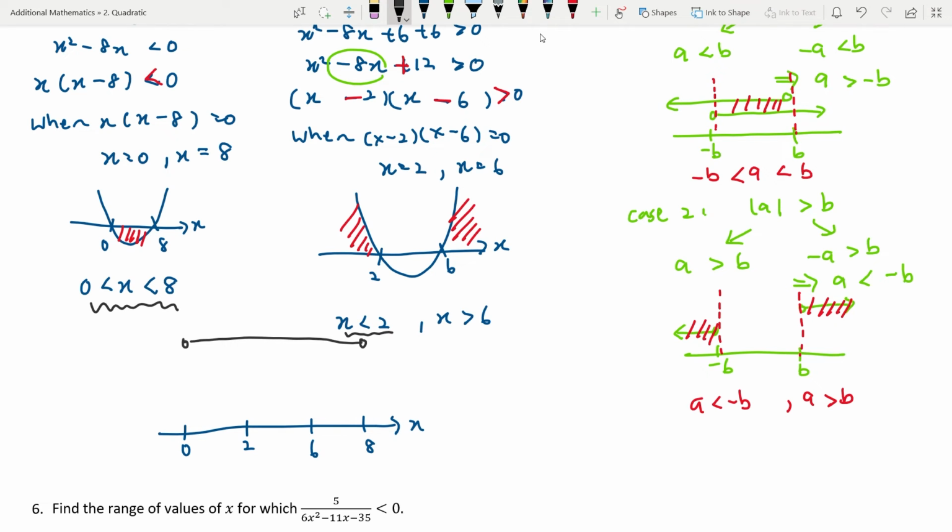Second one, x is less than 2. And the last one, x is greater than 6. Since the lines overlap, we need to find the area where the lines are overlapping.